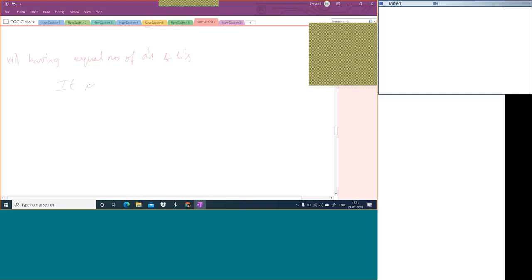When this is not regular, we cannot construct a regular expression. It is not regular, which means no regular expression. The regular expression is only for regular languages. Therefore, no regular expression.